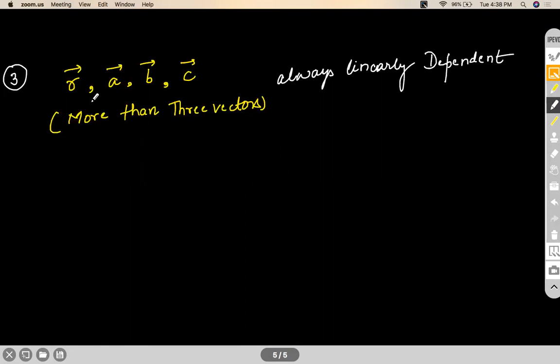Let us say A, B, C vectors are non-coplanar.